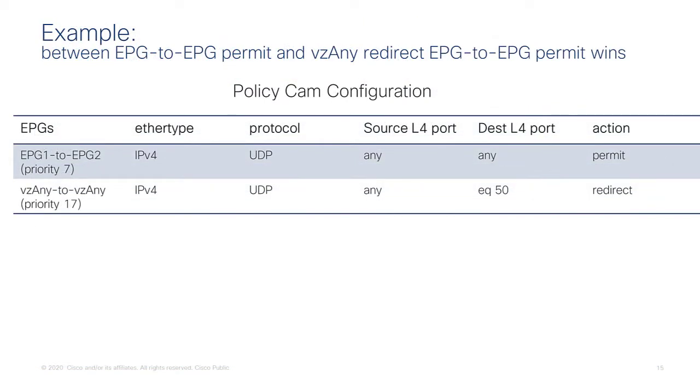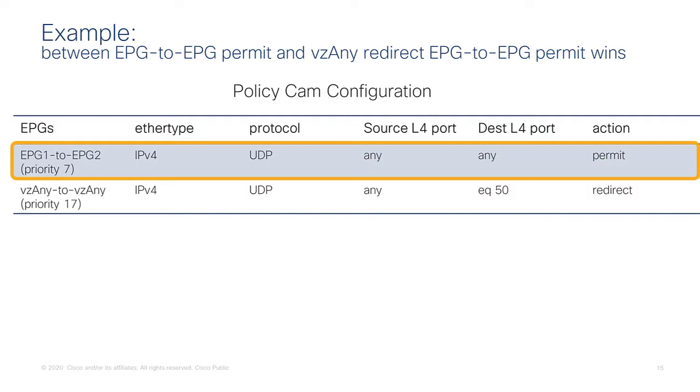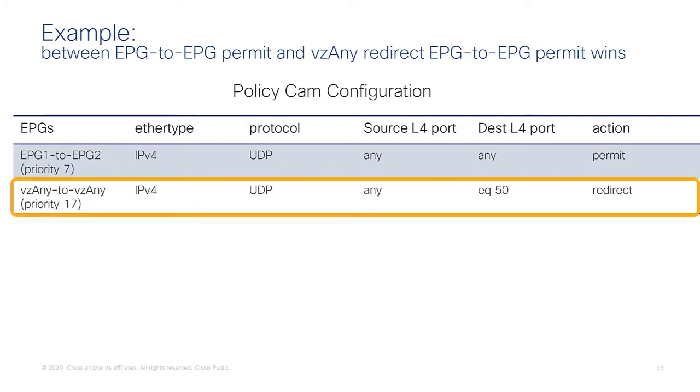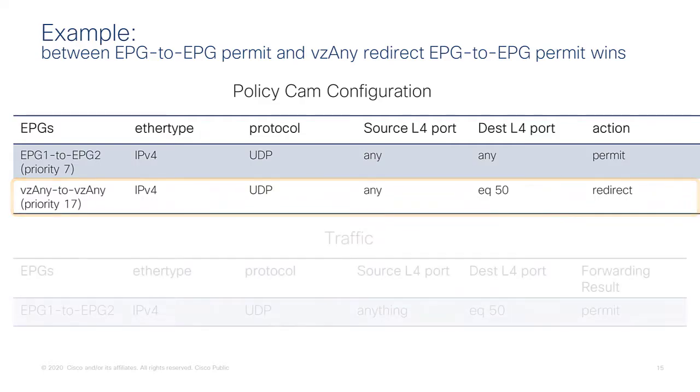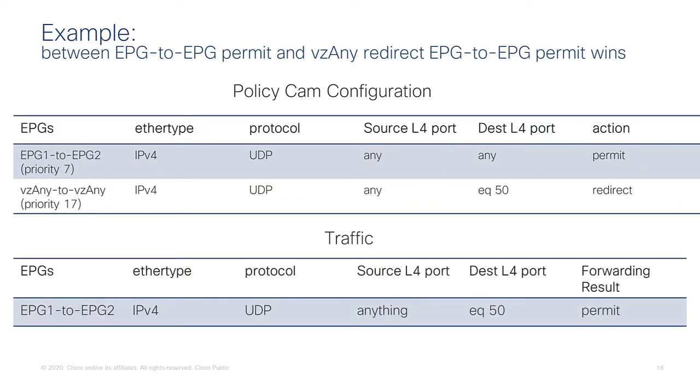Just to give you an example, if you have an EPG1 to EPG2 contract, which specifies any layer 4 ports with action permit, and then you have a vzAny to vzAny contract, which is more specific. It matches port 50, and it has a redirect. The traffic from EPG1 to EPG2 for UDP with destination port 50 is allowed, is not redirected, okay?